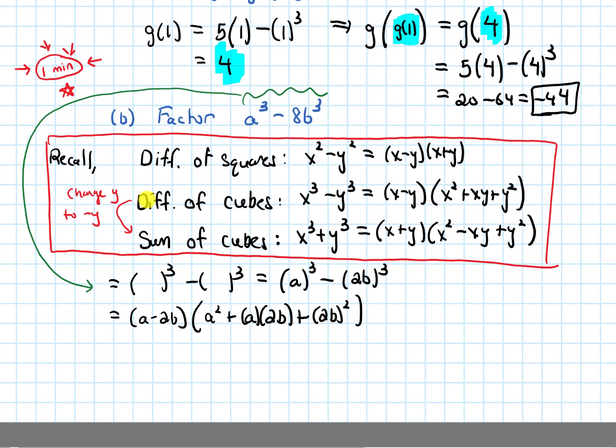All right, and then I can simplify this a little bit. This gives me a minus 2b times a squared plus 2ab. And then when I square the 2b, I get 4b squared.